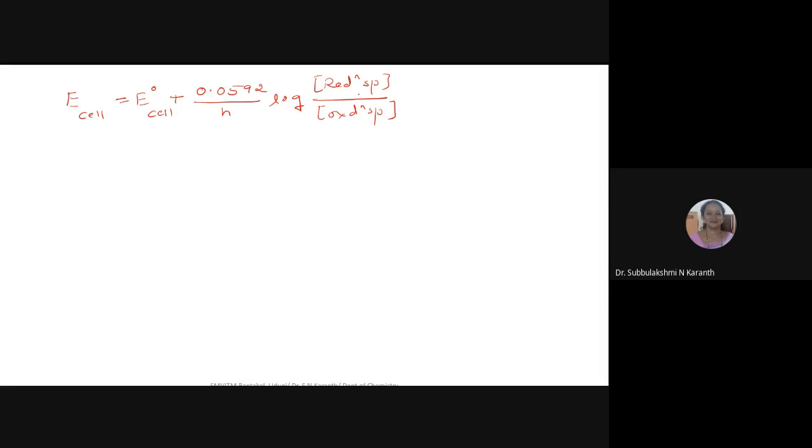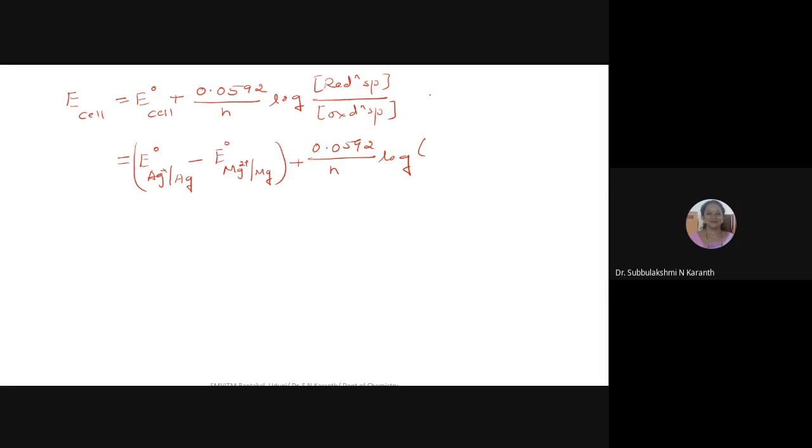E naught cell is nothing but E naught Ag plus bar Ag minus E naught Mg2 plus bar Mg, plus 0.0592 by n log concentration of reduction species.